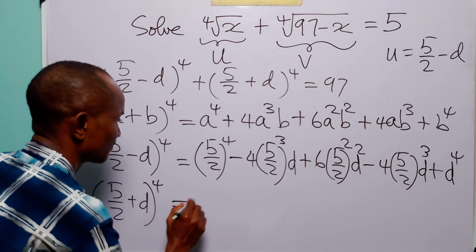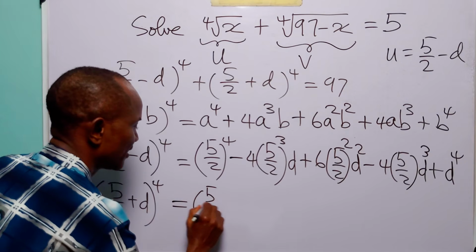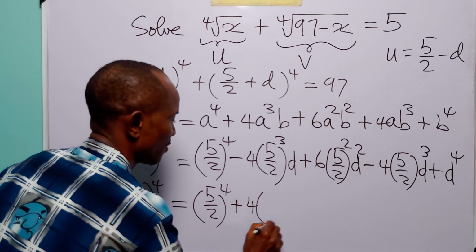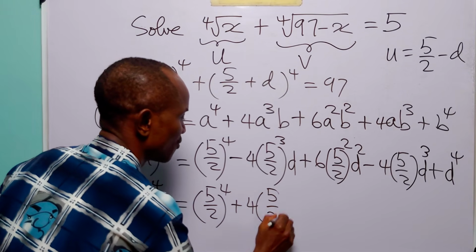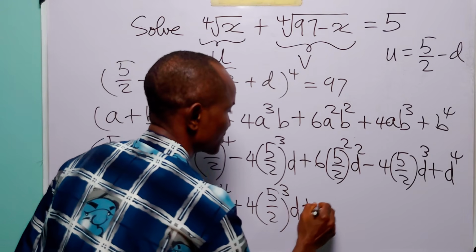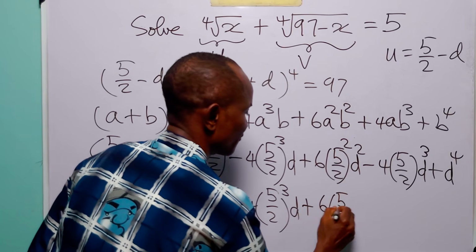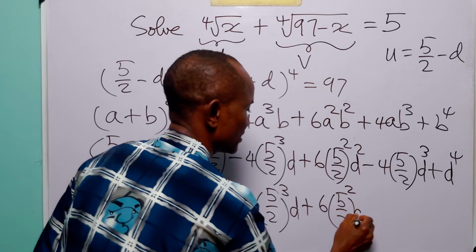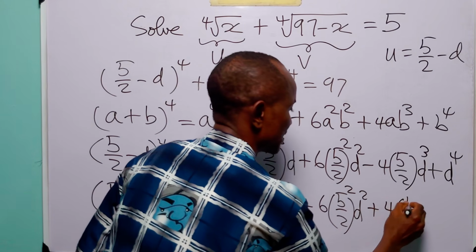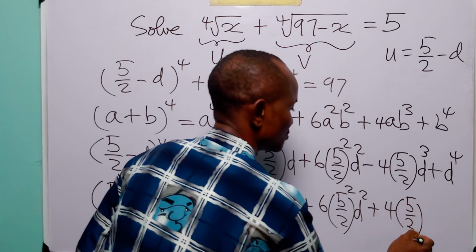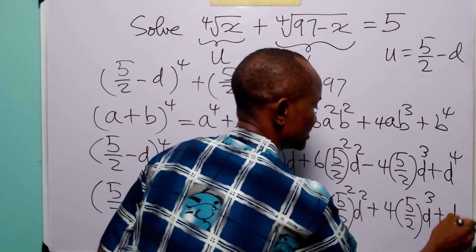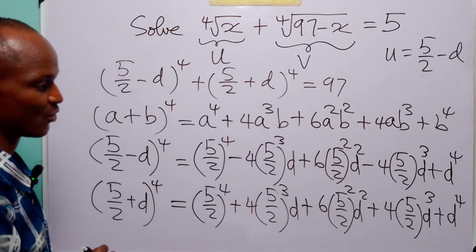So here we have 5 over 2 to power 4 plus 4 times 5 over 2 cube d plus 6 times 5 over 2 squared d squared plus 4 times 5 over 2 d cube plus d to power 4.